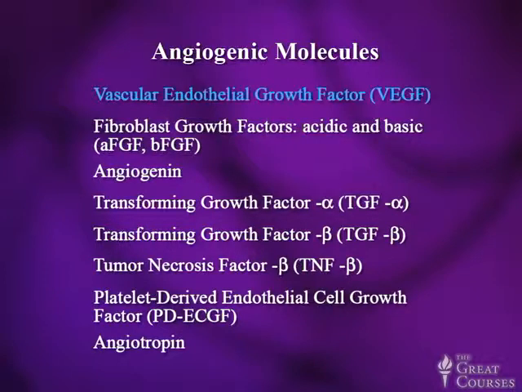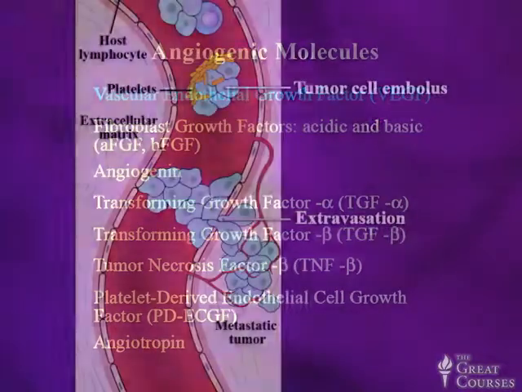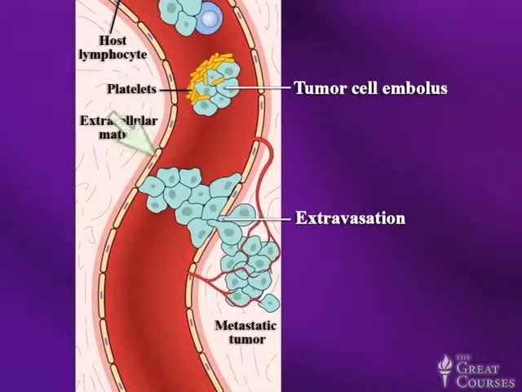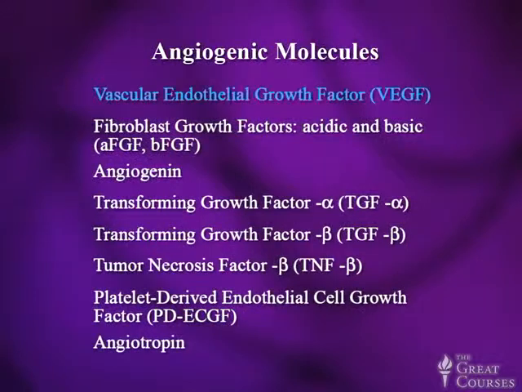And this, if you remember, I've shown you lots of slides where the blood vessels are lined with one layer of cells. Here's a blood vessel line. Those are vascular endothelial cells. And what this does is it allows them to push out, almost like an invading cancer, out of its place and begin to replicate, trying to form blood vessels. It's not a malignant process. It's a benign process. It doesn't metastasize, but it makes vessels, and the VEGF is one of the most powerful of them all. There are others.